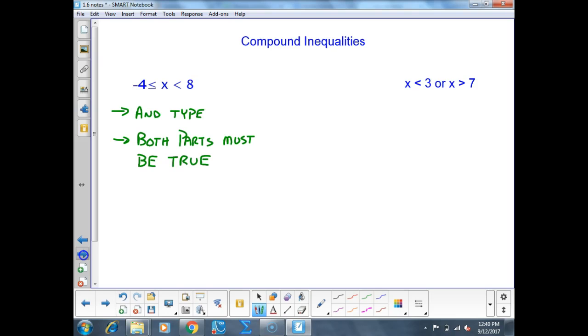So both parts there have to be true. And the cool thing is, it's going to end up looking like the handle on a suitcase.